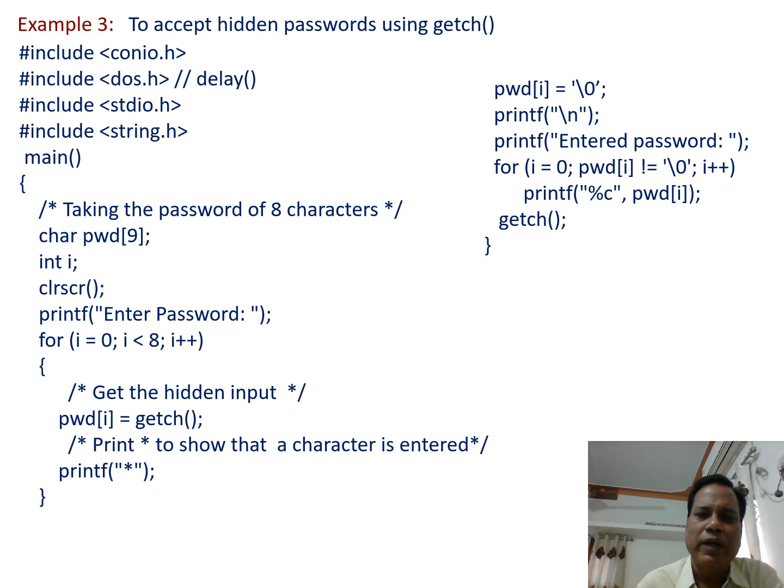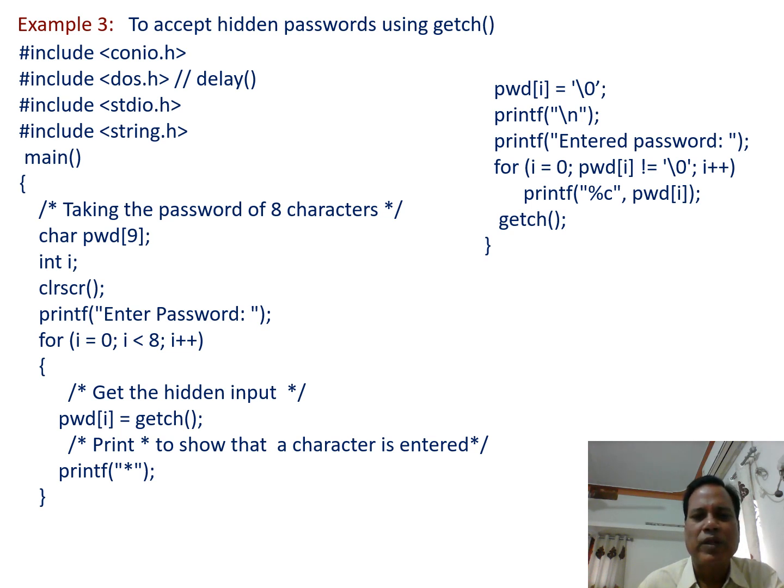Again 1 is less than 8, the condition is true. So this time, in pwd[1], we are storing the second character we press on the keyboard, and correspondingly a star is printed on the output screen using the printf function. In this way we store 8 characters, for i from 0 to 7.